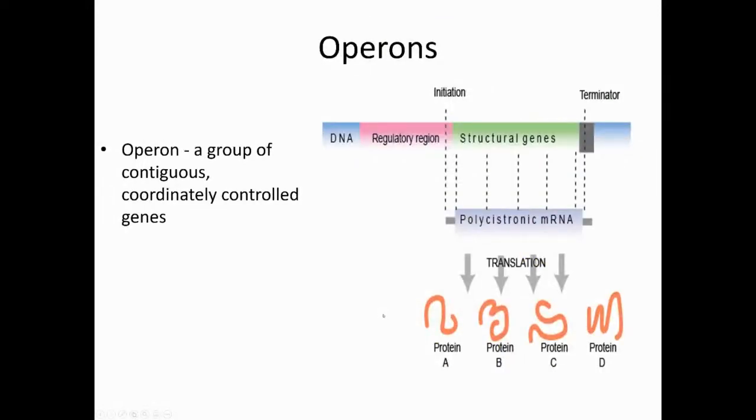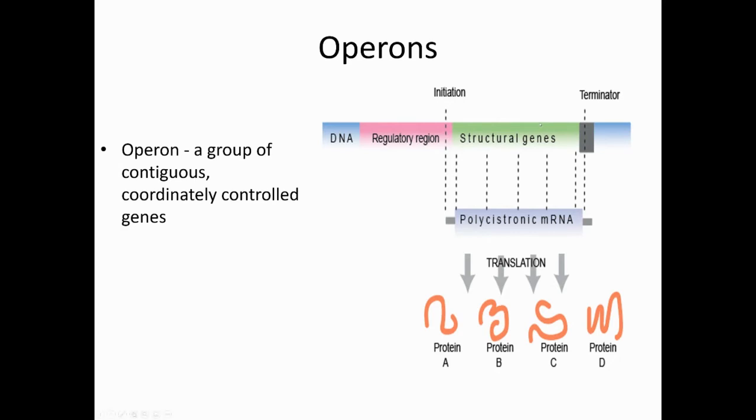And operon, that's another regulatory strategy, okay? Operon, basically in the prokaryotic cell, for economic reasons, normally one promoter can control several genes, and this group of genes are involved in the same metabolic pathway.